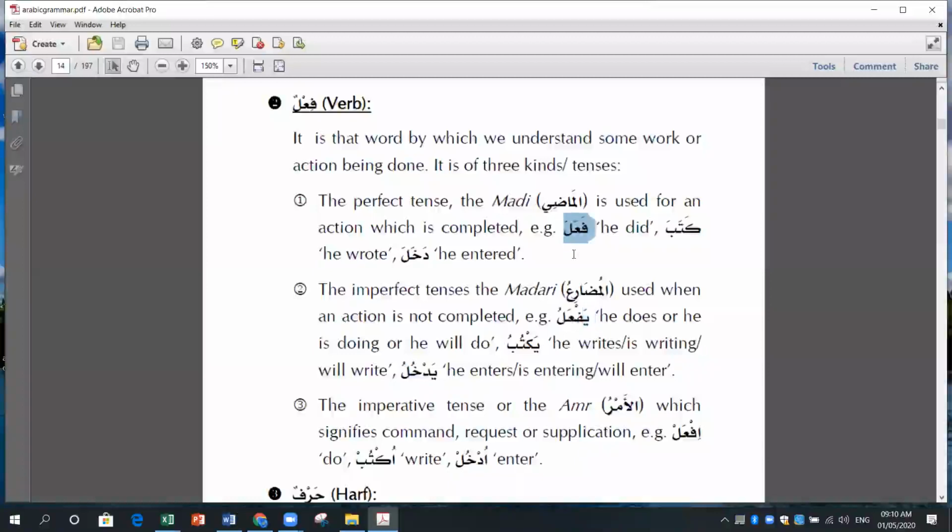In Arabic, almost all words are constituted from three main letters, and they are called the root letters, root word. For example, what is the root word for fa'ala? You will say fa, ain, lam. What is the root word for kataba? You will say kaf, ta, ba. Because we may make so many different words from these main three letters.